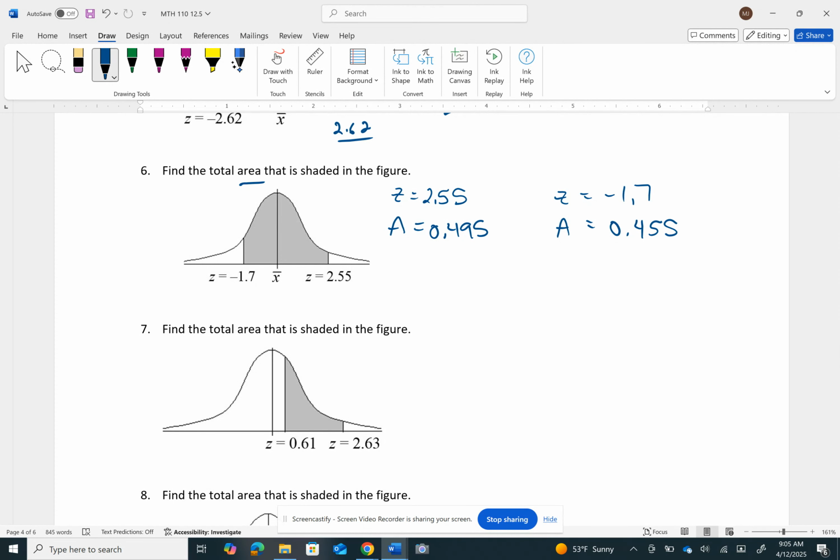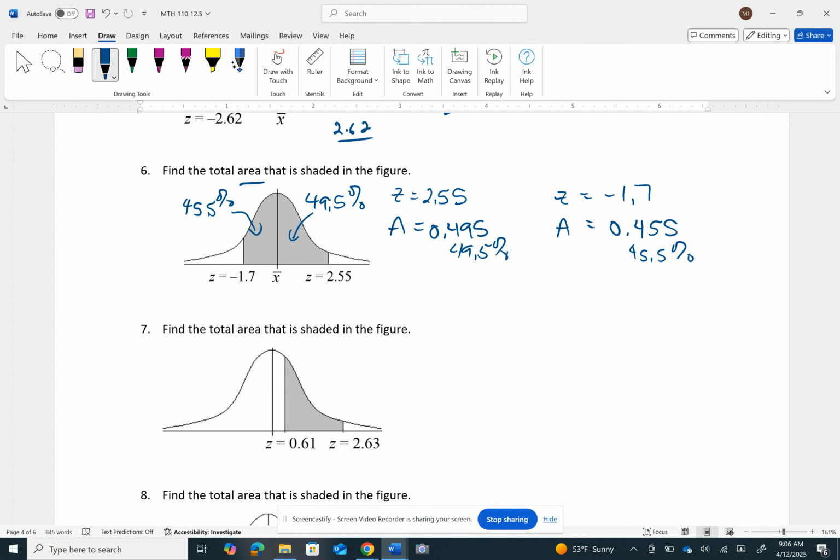Okay. So when you're thinking about this, the 0.495 or 49.5% would be this. From 2.55 to the mean would be 49.5%. And then 45.5% of the data would fall between a negative 1.7 and the mean.